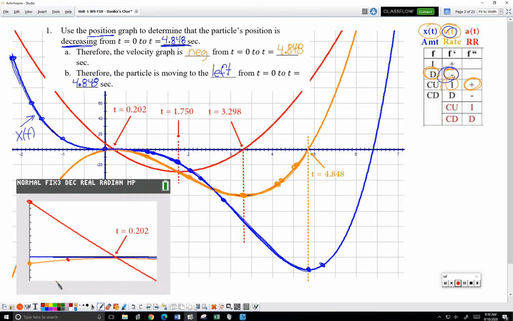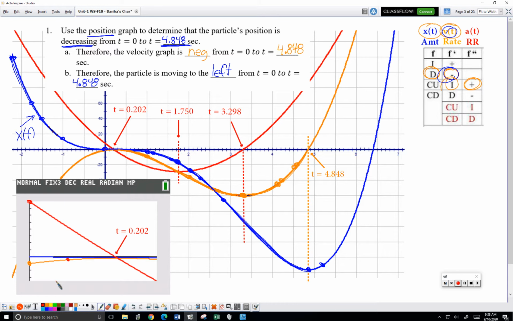So the particle is slowing, but mathematically the velocity is increasing, which seems weird, because the velocity went from -1 to -0.5. That's a mathematical increase in the velocity, but it's actually a decrease in the speed. Does that help at all?